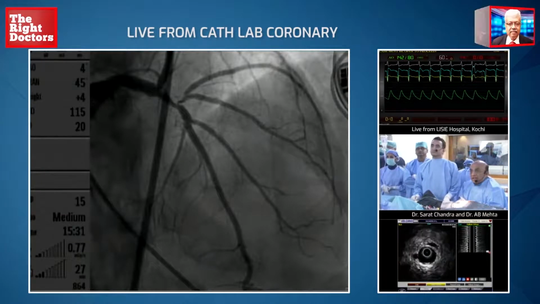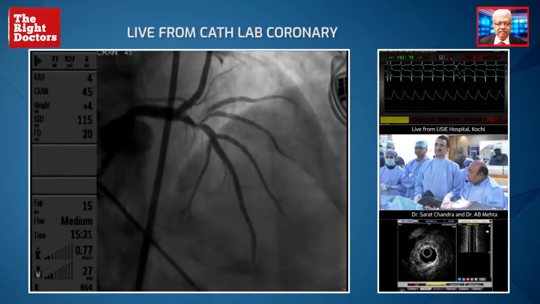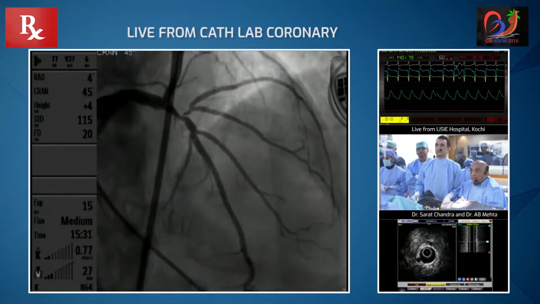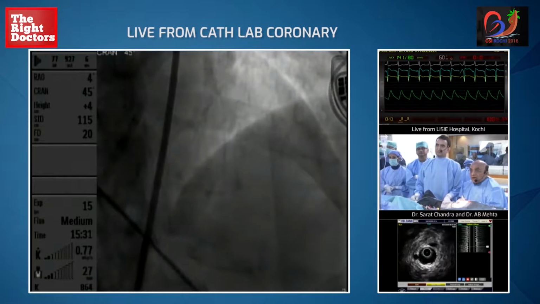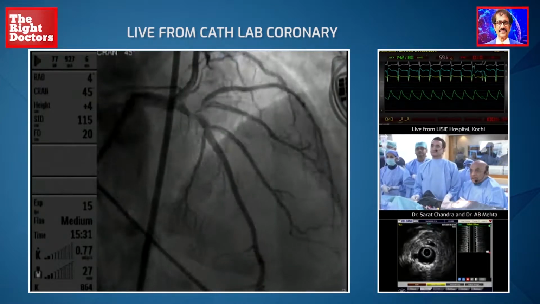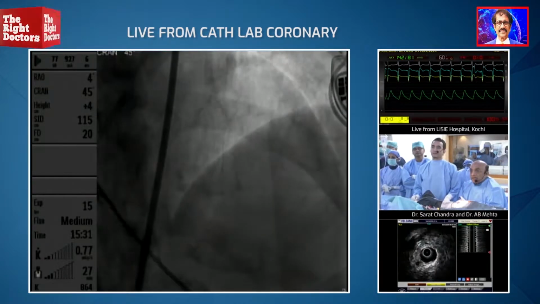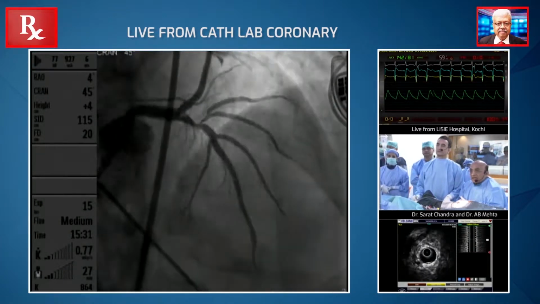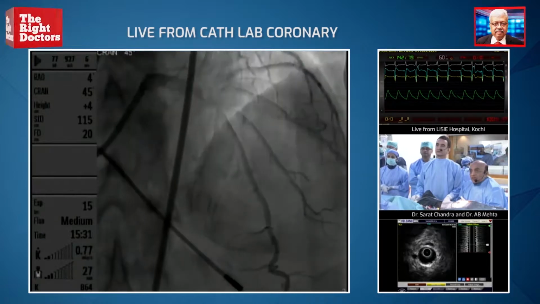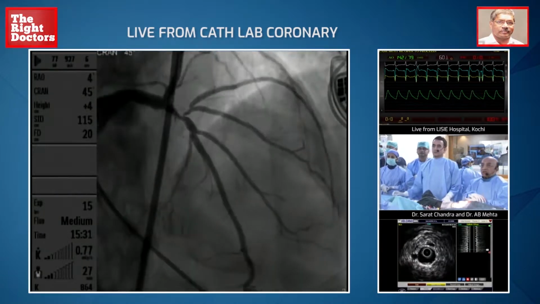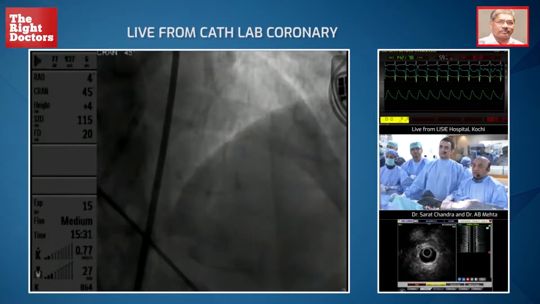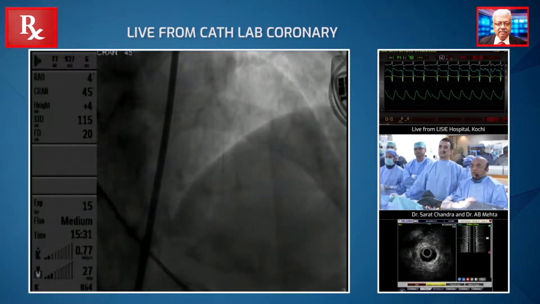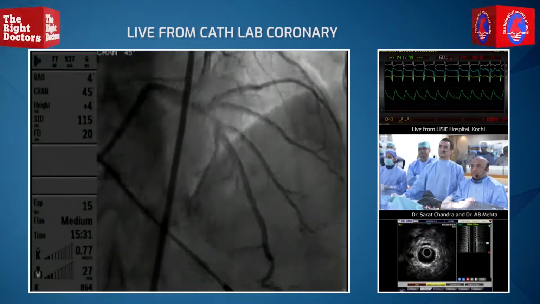Just can you run the film, please? Run the film. Leave it like that. There's a very large left main. This lady, as you know, had received a DDDR about in the month of October, and now she has a complex lesion in the proximal LAD, which is a large vessel, and it gives a branch almost arising at a right angle, and it has a very crooked lesion right from the onset.